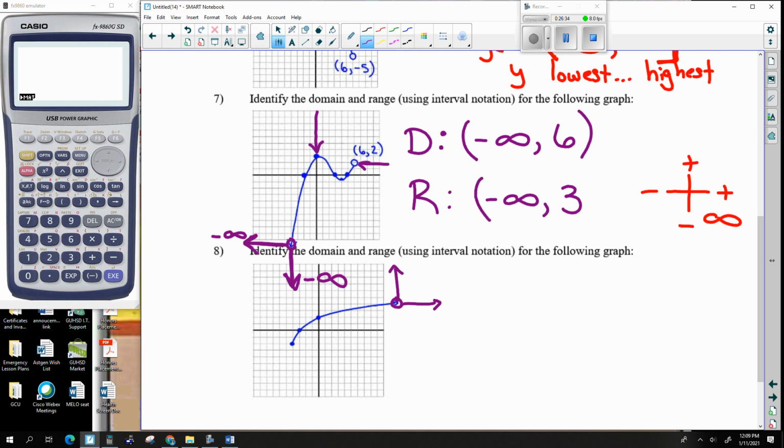Will it touch 3? Yes, it does actually touch 3, so it gets a square bracket. If there is a point somewhere along, midstream in your picture, that means it will actually get to whatever that dot is. If it's somewhere along the way, then yes, it will actually touch that.